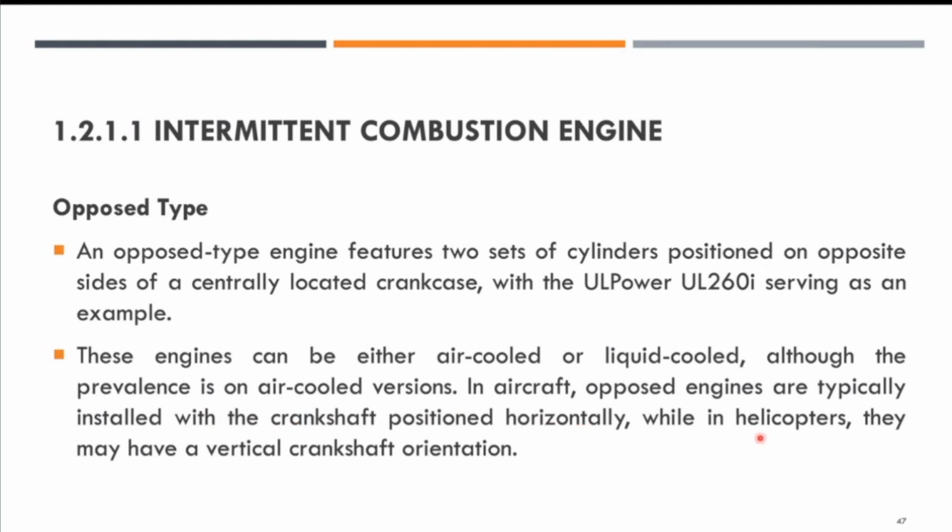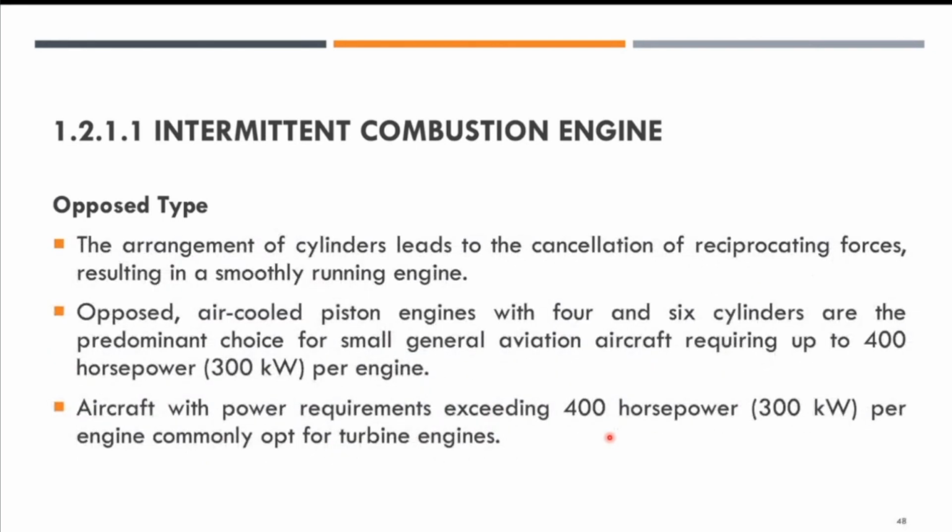Normally in helicopters, they may have a vertical shaft orientation, so this type of engine also can be used in helicopters. The arrangement of cylinders leads to the cancellation of reciprocating forces, resulting in a smooth running engine, and opposed air-cooled piston engines with 4 and 6 cylinders are the predominant choice for small general aviation aircraft.